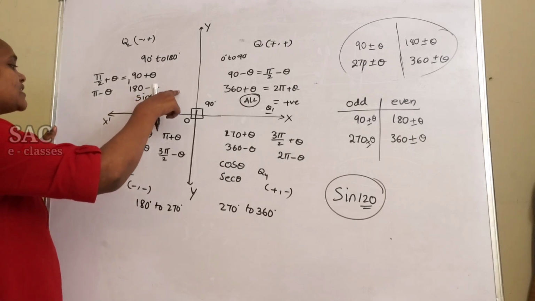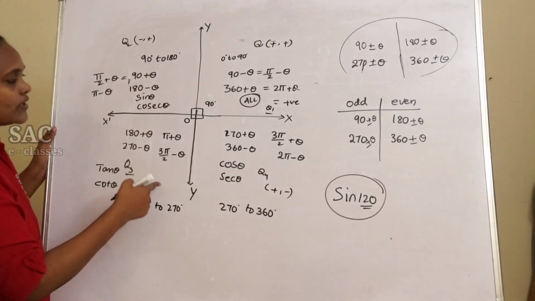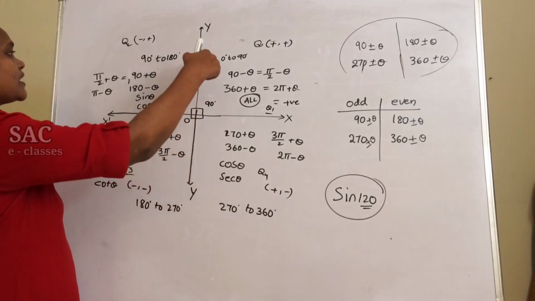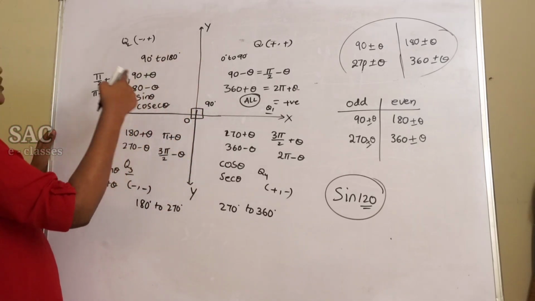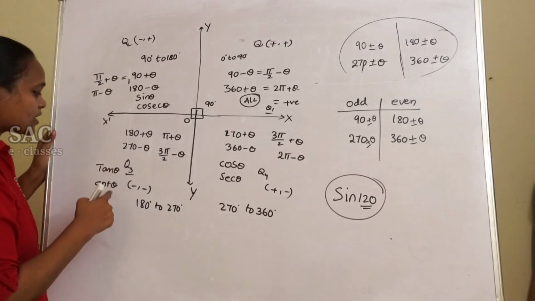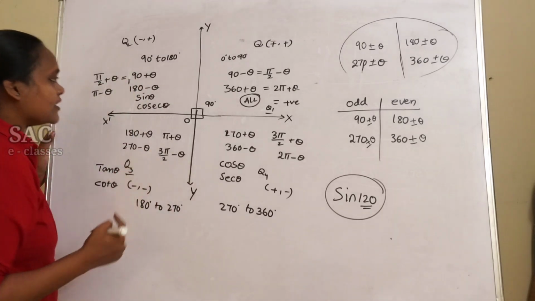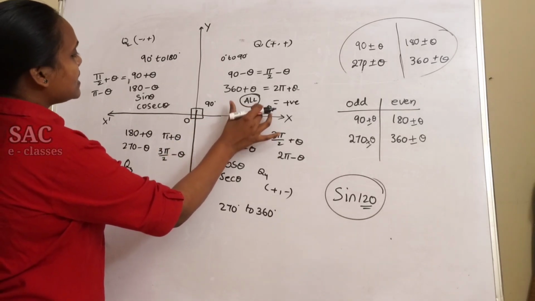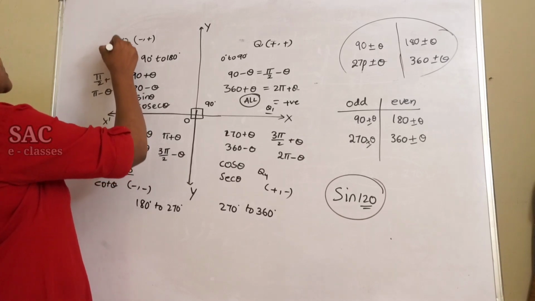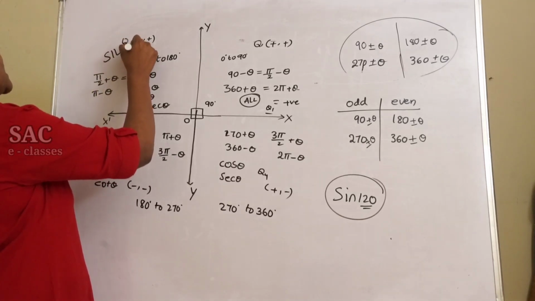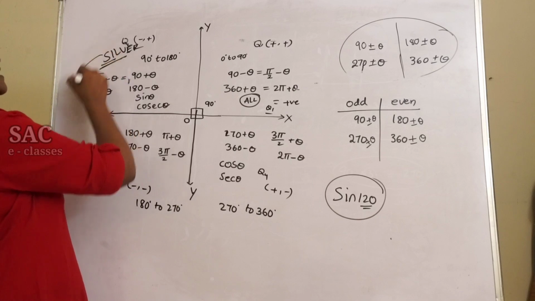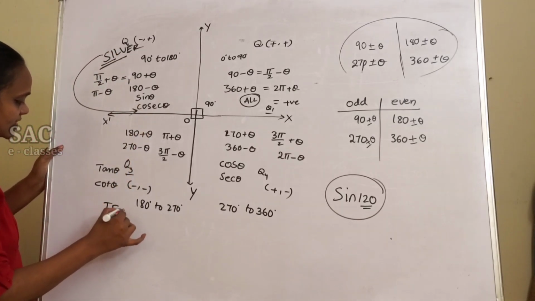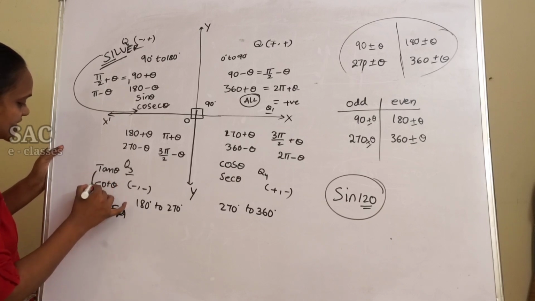Cos is negative in the second quadrant as well as the third quadrant. But it is difficult to remember, because here only sin and cosecant, here only tan and cot, here only cos and secant. That is why we have a mnemonic: All Silver Tea Cups. S stands for sin and its reciprocal cosecant. T stands for tan and its reciprocal cot.